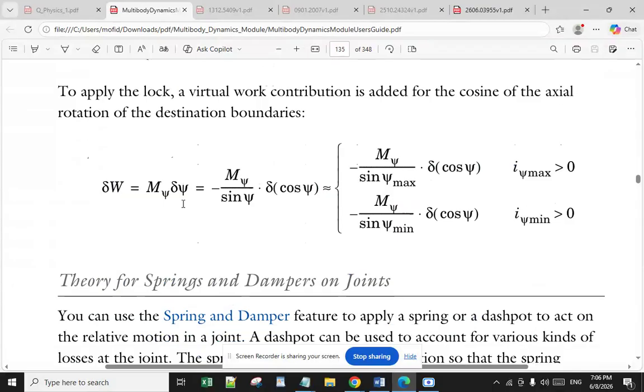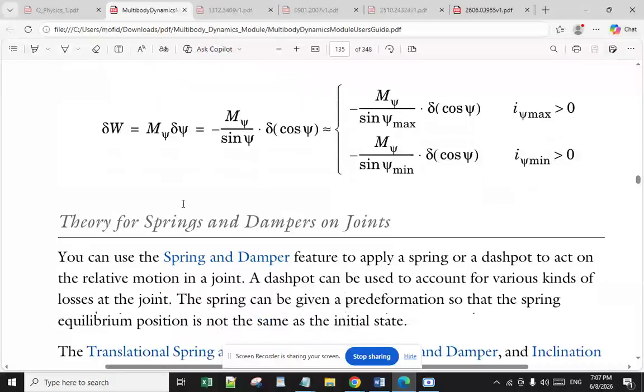To apply the lock, a virtual work contribution is added for the cosine of the axial rotation of the destination boundaries. Delta W is equal to M zeta delta zeta, which is equal to minus M zeta divided by sine zeta multiplied by delta cosine zeta, which is equal to minus M zeta divided by sine zeta maximum multiplied by delta cosine zeta when I zeta maximum is greater than 0.